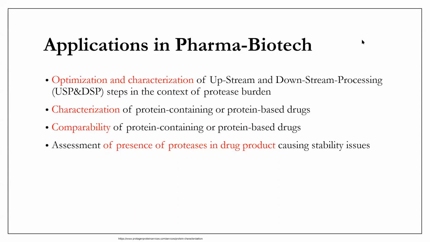So what you can do, you can compare the sequences of both A and B, and from there you can define what can be the probable reason why B is less effective than A. Okay, so this comparability of how these protein-based drugs are working can also be done by your protein analysis.